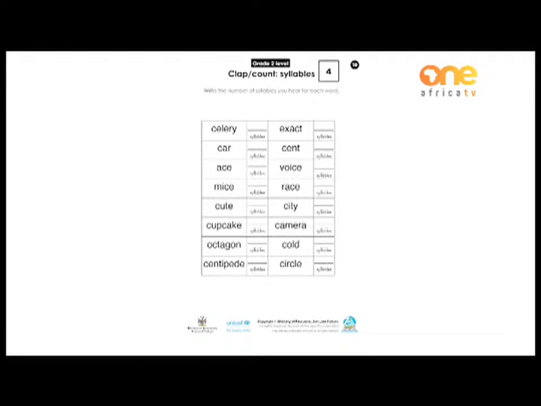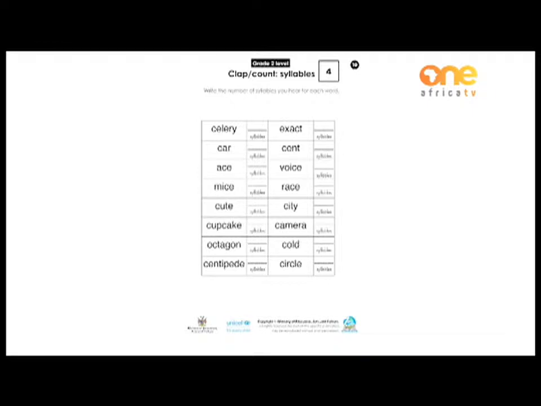Exact. Let us quickly try to clap the word exact. Exact. All right. How about the one below that one? Sand. Let us quickly try to clap the word sand. Sand. Okay. Do the rest on your own. Practice by clapping out the words.